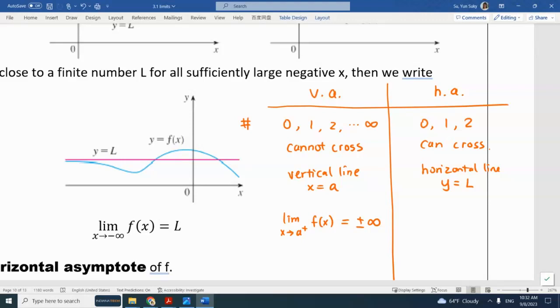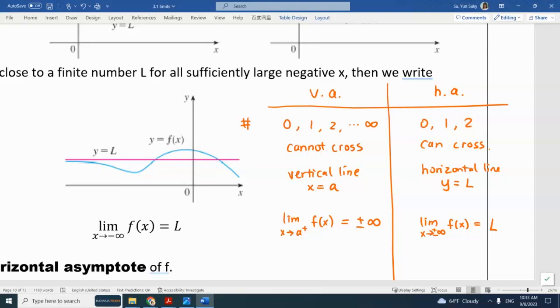But for a horizontal asymptote, we let x go to infinity or minus infinity, and you want to see if your y is approaching a finite number. Do you see it's like you aim to change the position of it? So that's the comparison. Write out the comparison to avoid confusion.